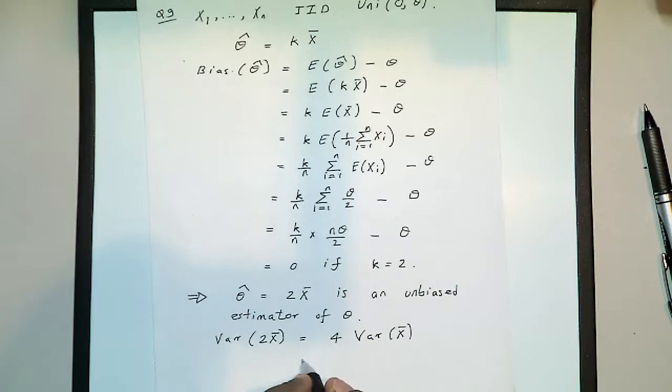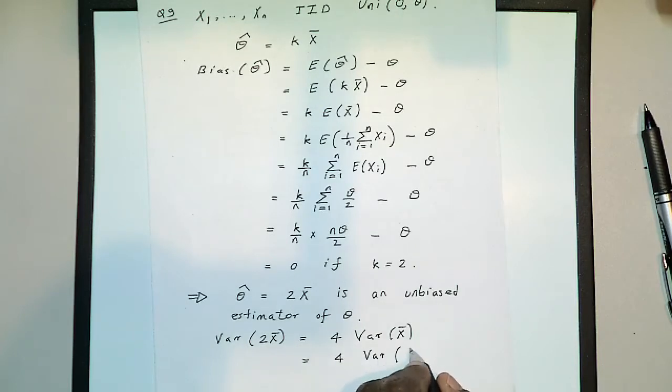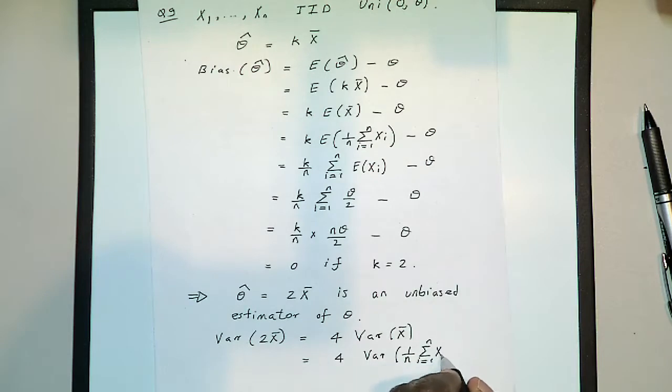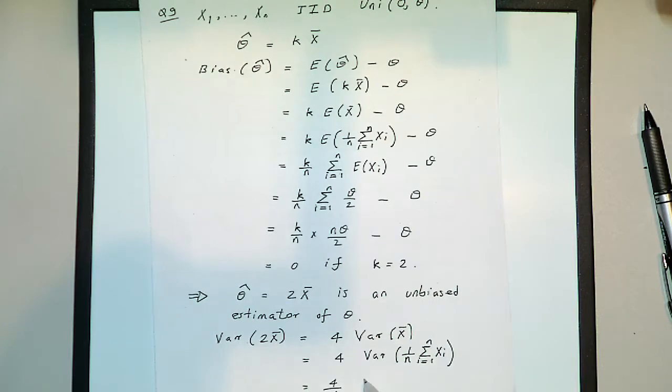And the variance of 1 over n times the sum of Xi. Now if you pull the n outside, it becomes 1 over n squared times the sum from 1 to n of the variance of Xi.